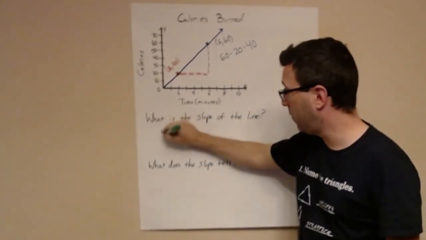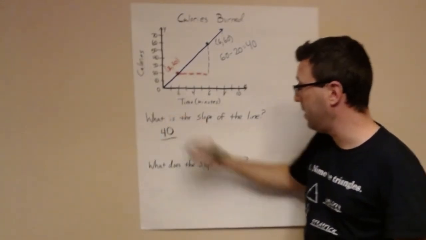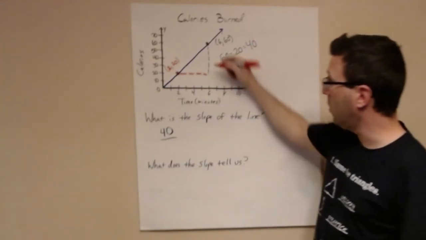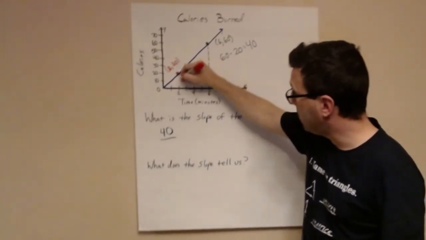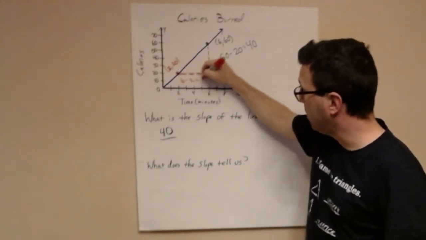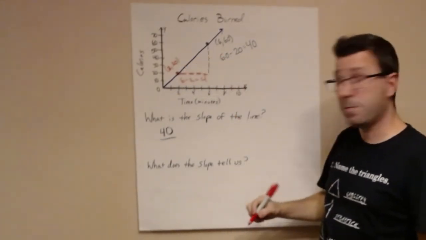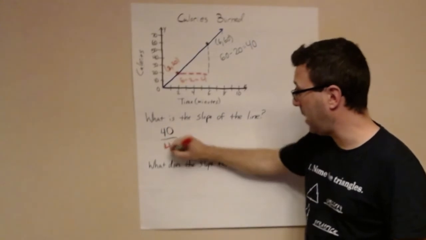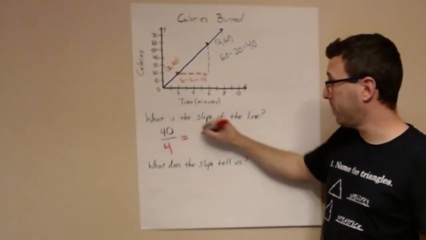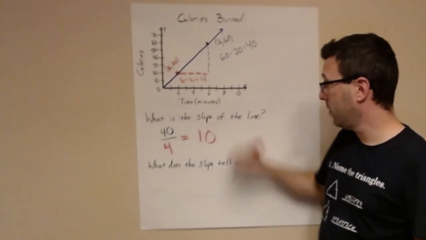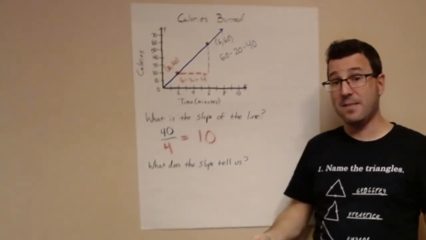So my rise is 40. Along the bottom, I've got a 6, I've got a 2. So 6 minus 2 is going to give me a 4. So I'm going to divide by 4. 40 divided by 4 is, we have a slope of 10.